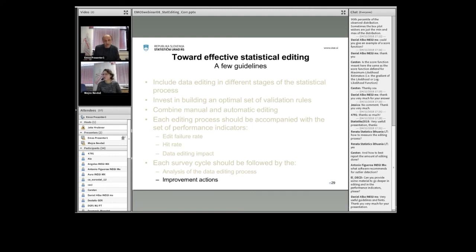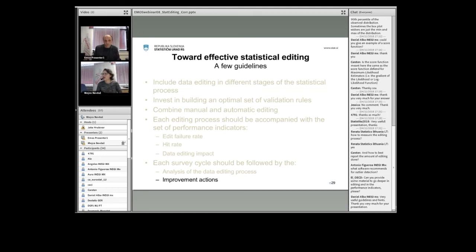So make your process, even the editing process, transparent and open to the public, so they know what is going on with your data. What are you doing with your data? Yes, because this is a process that is completely internal, and it's important to communicate to the users, especially more advanced users.